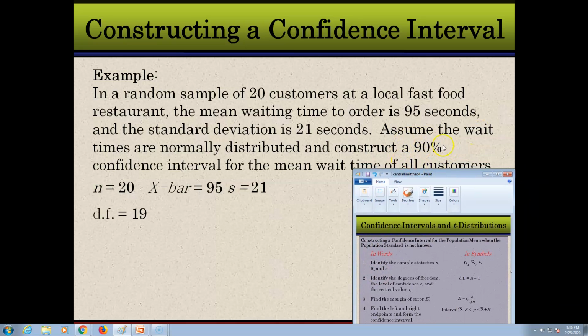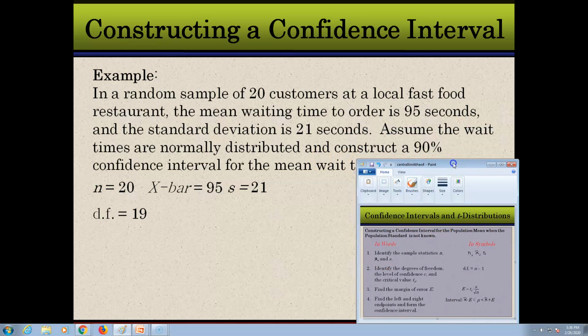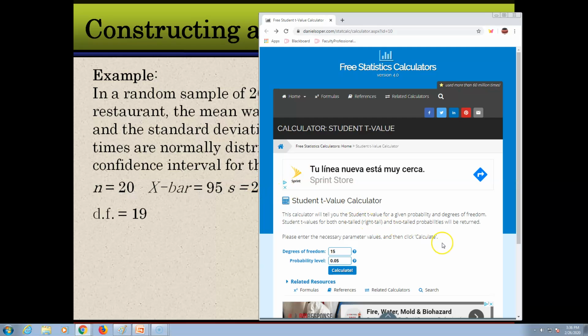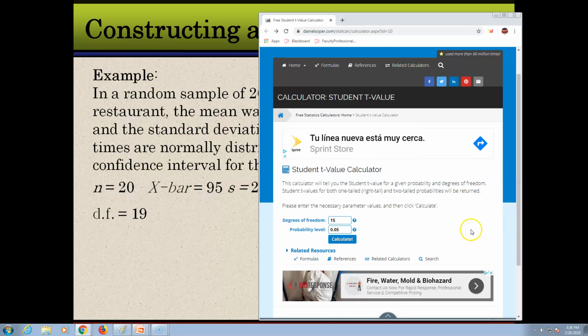Right now they ask me for a 90% confidence interval, so the level of confidence is 90%. So what do I do with the 90%? I'm going to go to this calculator called Student T. The link is posted in the week 5 lecture notes, and you can see it says Student T calculator.